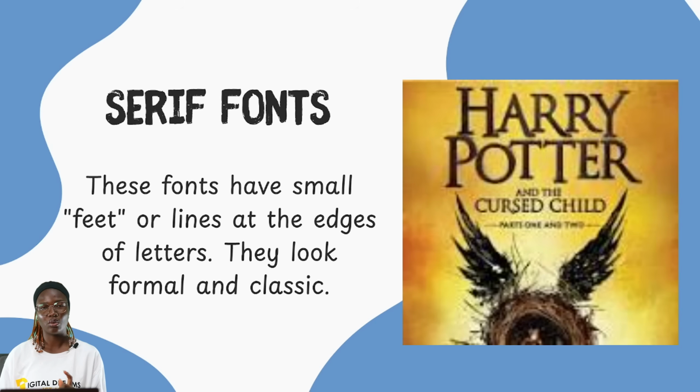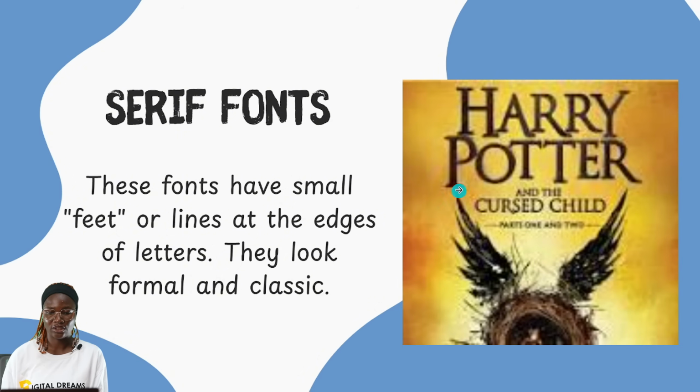Okay, so the first one we have here is serif fonts. We say that these fonts have small feet or lines at the edge of the letters. They look formal and classic. So this is what we mean by small feet or lines at the edge of the letter.